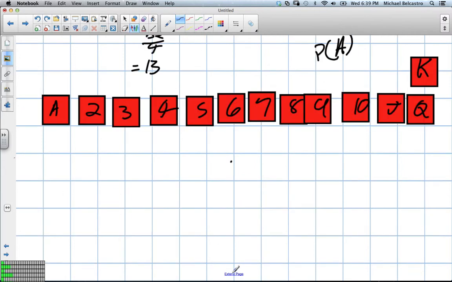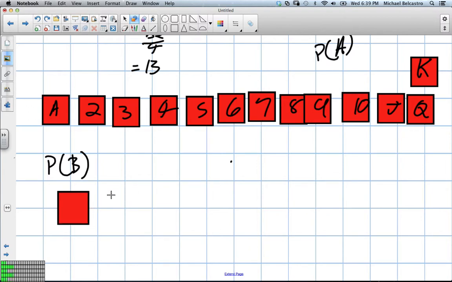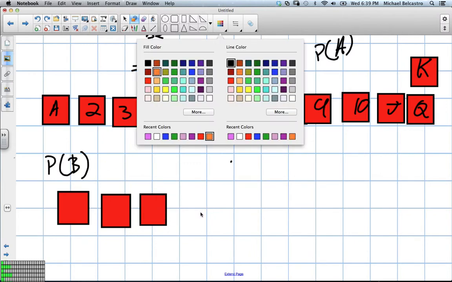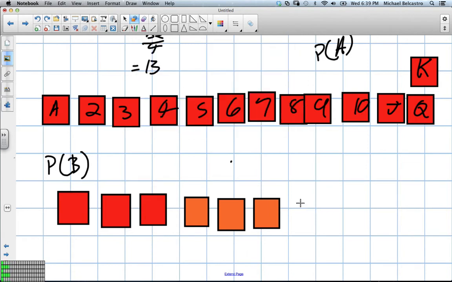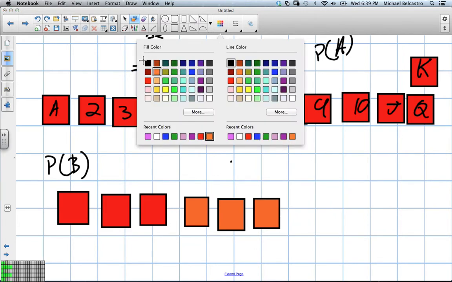Event B, probability of event B: well, we have several different types of cards. We have our jack, queen, king from hearts, which we'll do in red. Jack, queen, king from diamonds, we'll do in orange, just so something's different, so we can tell the difference. Jack, queen, king from spades, we'll do in black.